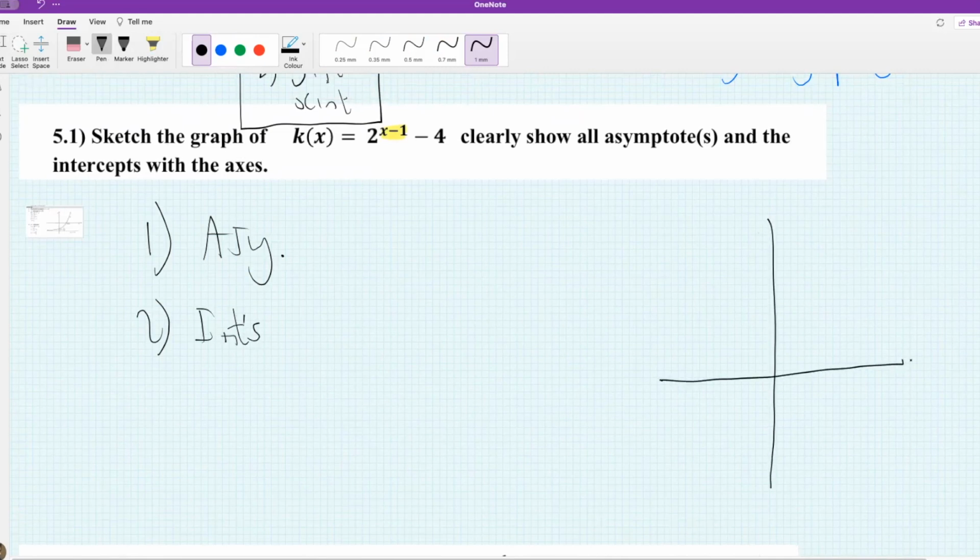So off you go. If you have questions, you raise your hand. I would love to hear someone's voice if you're feeling comfortable to do that. Why don't you tell me in the chat what your asymptotes are.